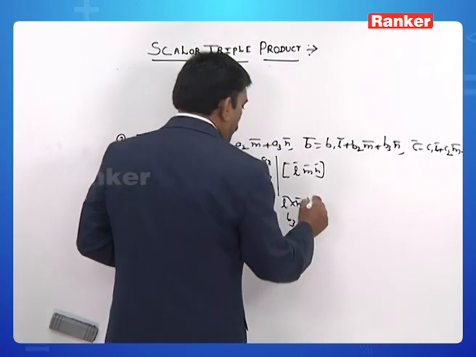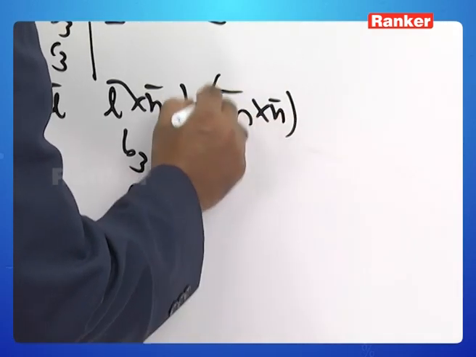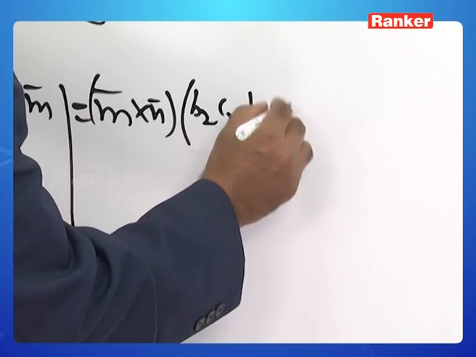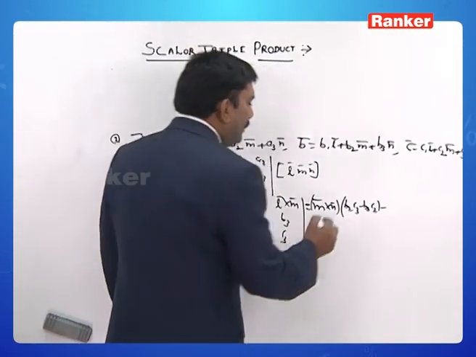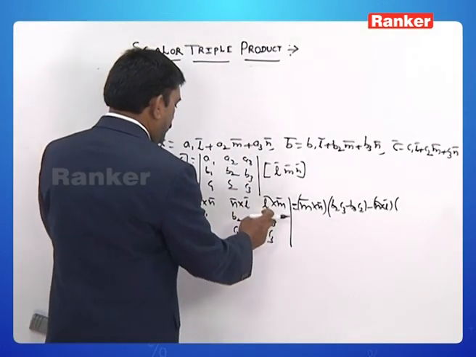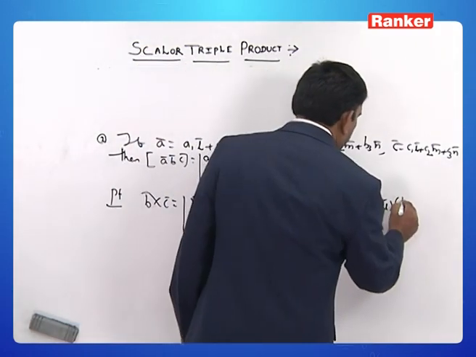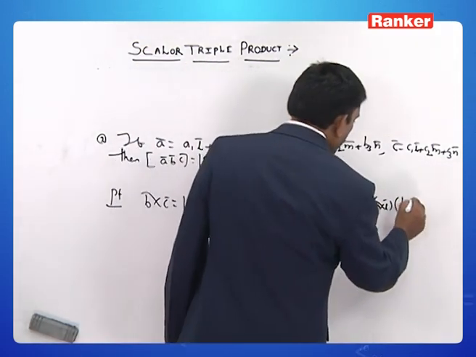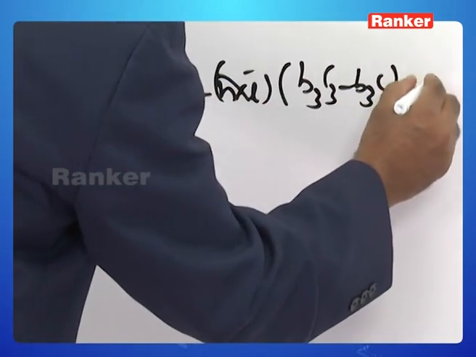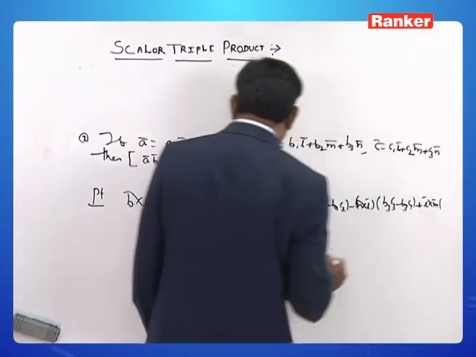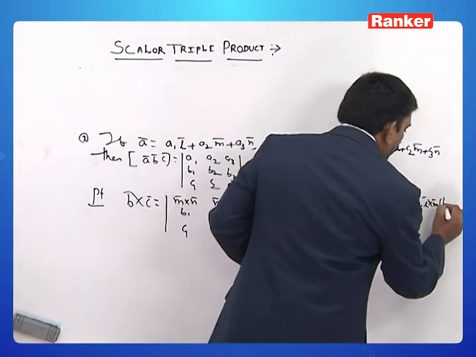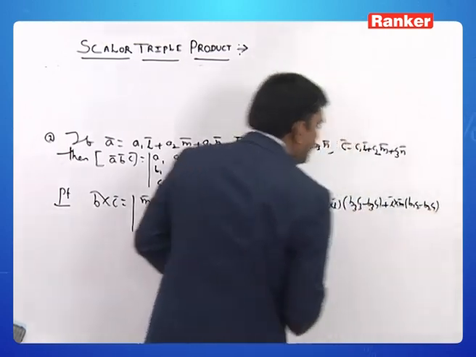This gives us M bar cross N bar into B2C3 minus B3C2, minus N bar cross L bar into B1C3 minus B3C1, plus L bar cross M bar into, you leave this column, this row, B1C2 minus B2C1.